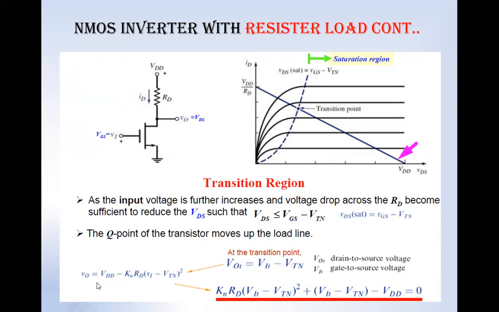So at that time, if I write the KVL equation, V0 is equal to VDD minus my current, because VDD is still far greater compared to my input voltage, it is in saturation current: VDD minus Kn RD into (VIT minus Vtn) whole square. So output voltage at transition is VIT minus Vtn. Once again, this can be written as Kn RD (VIT minus Vtn) square plus VIT minus Vtn minus VDD is equal to 0.